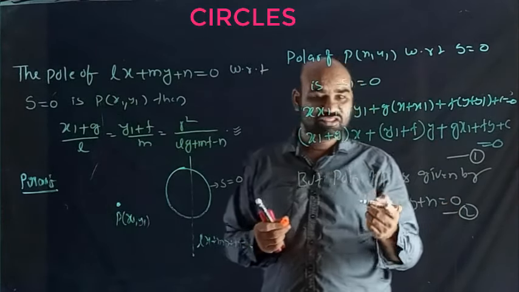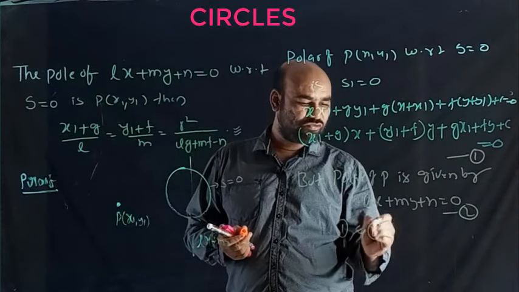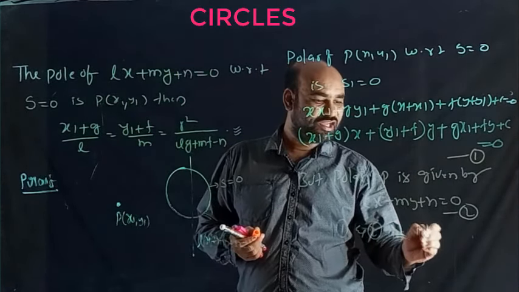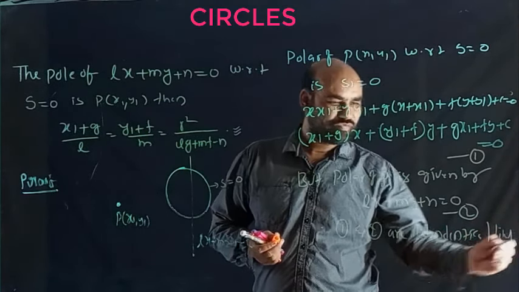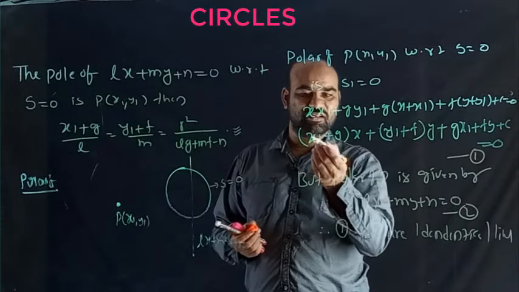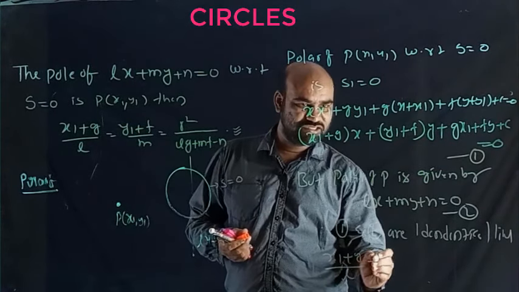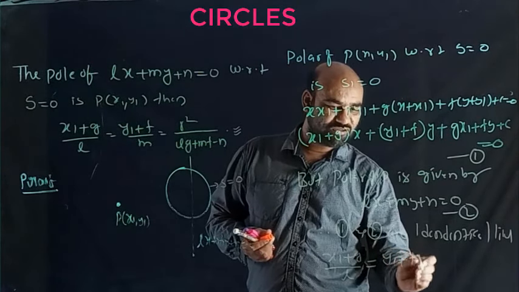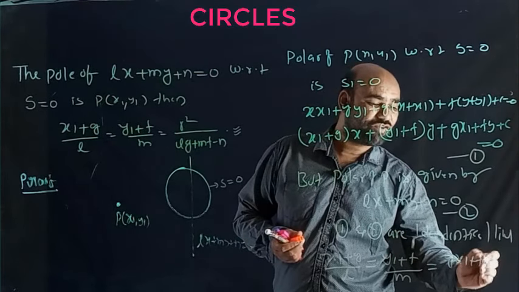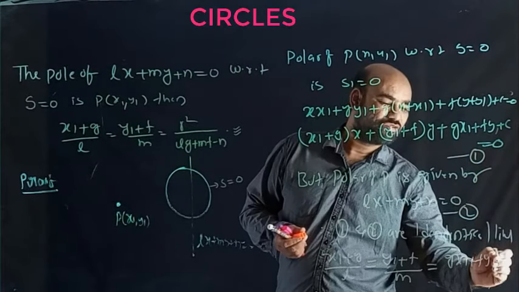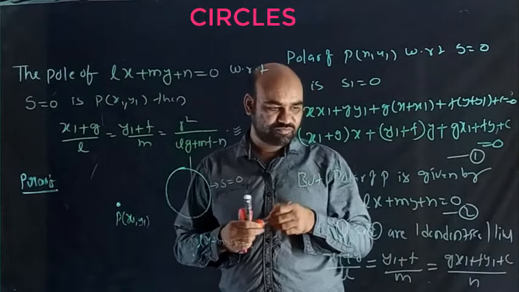What is the meaning of these? These two are identical lines. Therefore, 1 and 2 are identical lines. Means (x1 plus g) by L is equal to (y1 plus f) by M equal to (gx1 plus fy1 plus c) by N. So this is an important result.